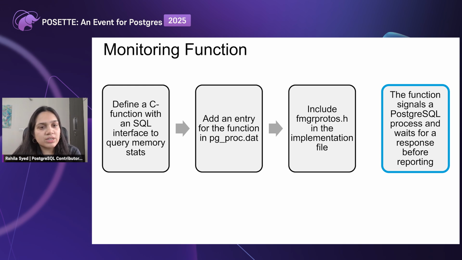This monitoring function is a SQL function with a C interface. These are some of the implementation details which you see. We add an entry for the function in pg underscore proc.dat, and we include that header in the implementation file where the C definition exists.